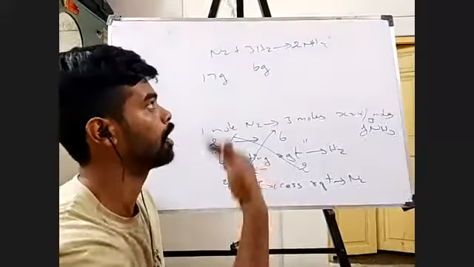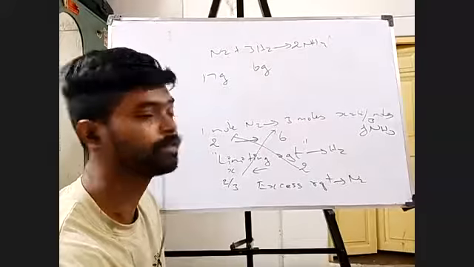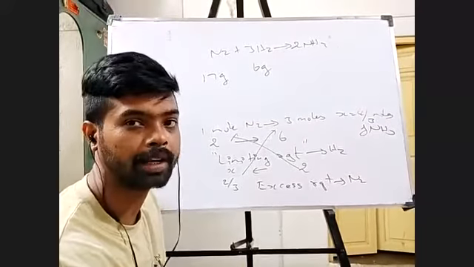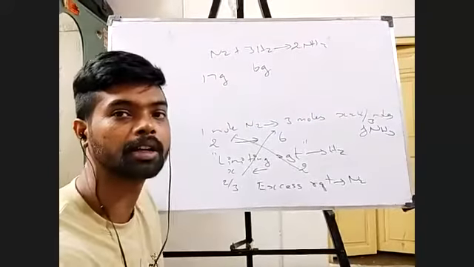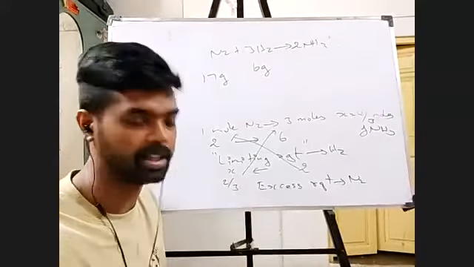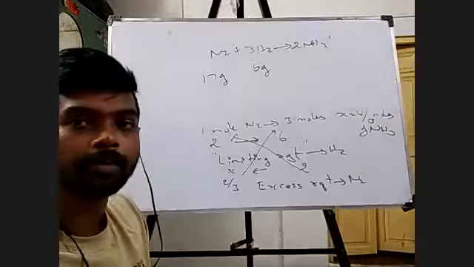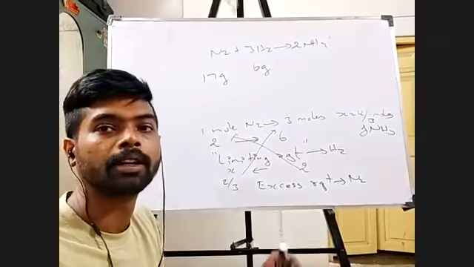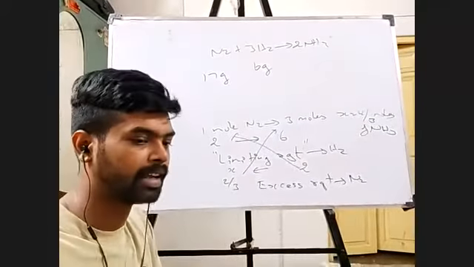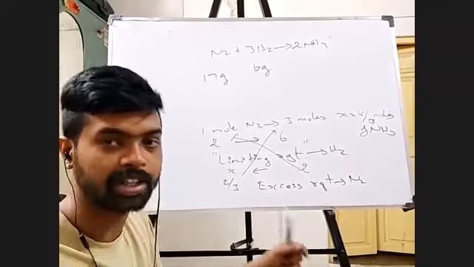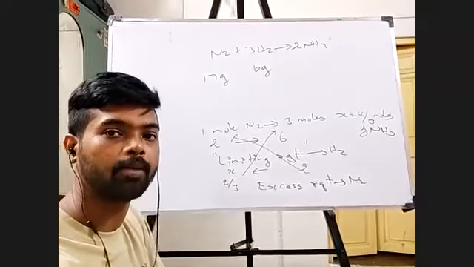Right now, I want you to find the mass of ammonia getting formed. Quickly do it and tell me the answer. First, tell me which is the limiting reagent and which is the excess reagent, and then we'll move on.